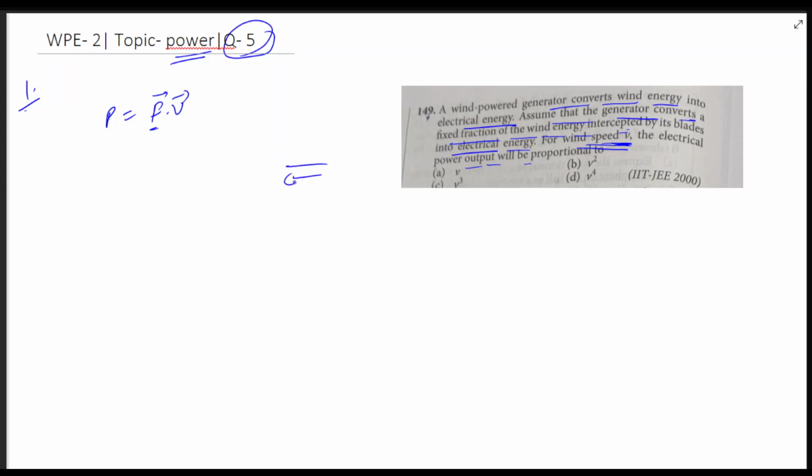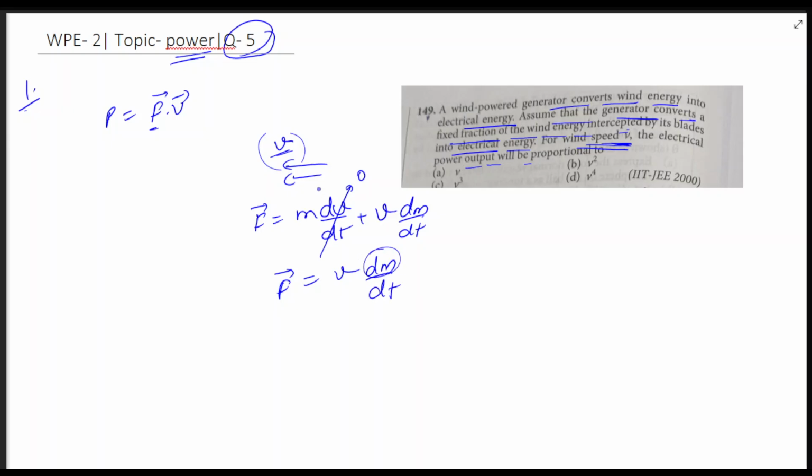Look, if the wind is flowing like this with a constant speed of V, then it will be applying a force. How? Mass will change. So force will be m dv by dt plus v dm by dt. Now the velocity of the wind is not changing, so that term is zero.